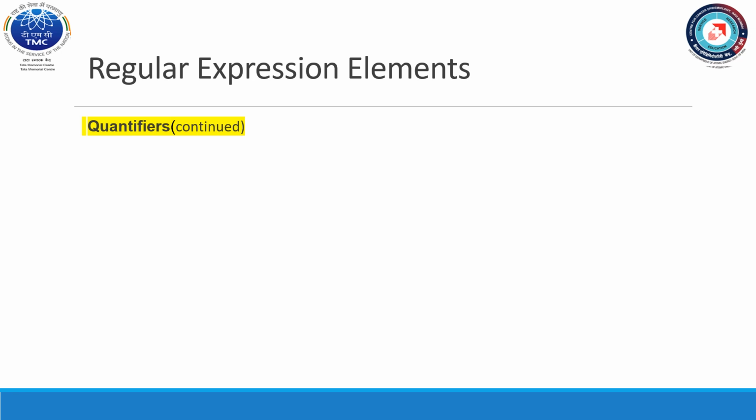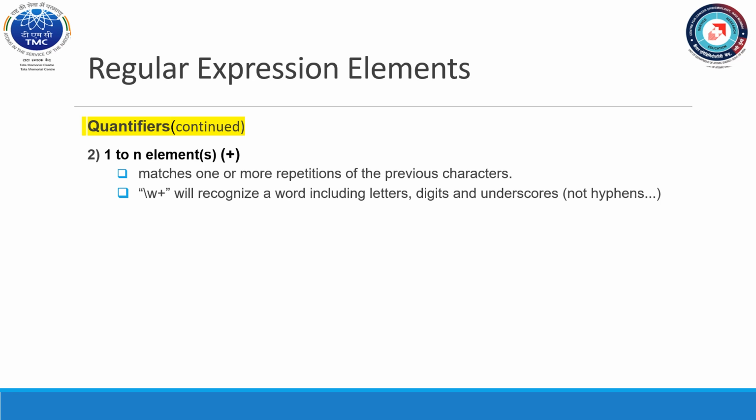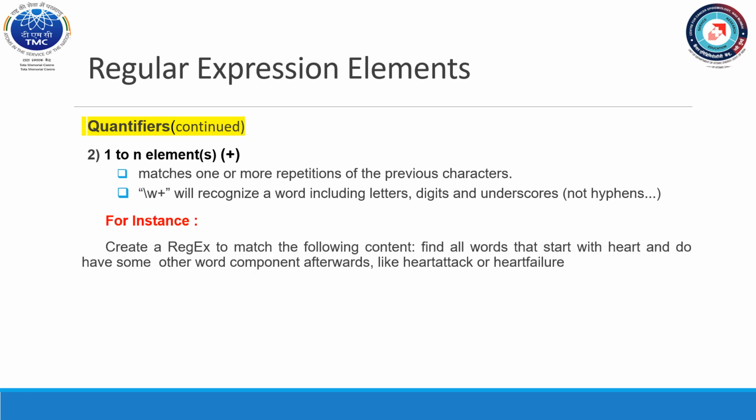Second quantifier is plus for 1 to n elements, which matches one or more repetitions of the previous character. \w+ will recognize a word including letters, digits and underscores, but not hyphens. For example, create a regular expression to match the following content.